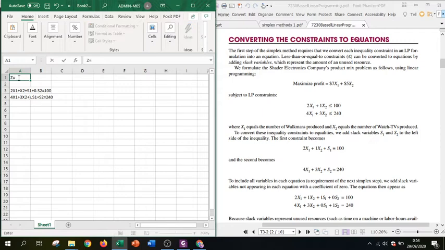Z equals 7x1 plus 5x2, plus, because slack variables have a value in this, so this is 0 s1 plus 0 s2, like this.